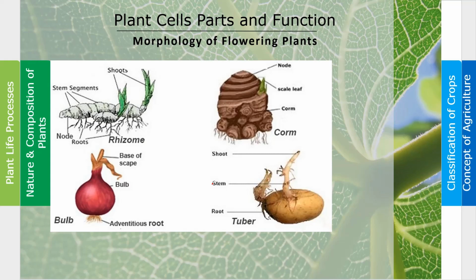So, rhizomes, bulbs, corms, and tubers are actually stem, not roots. These are modified stems. So, kung naalala ninyo, hindi natin sinama si patatas doon sa modifications of taproots because tubers, these kinds of tubers, potato in particular, are stem. Okay, this is a modified stem. So, we'll see why. Okay.